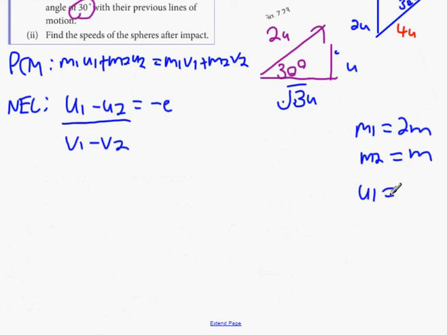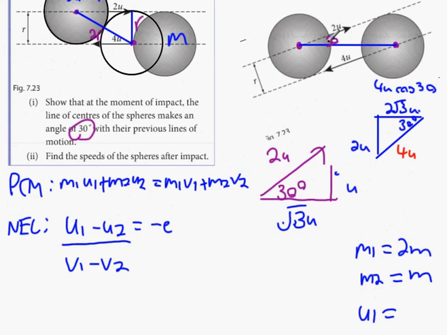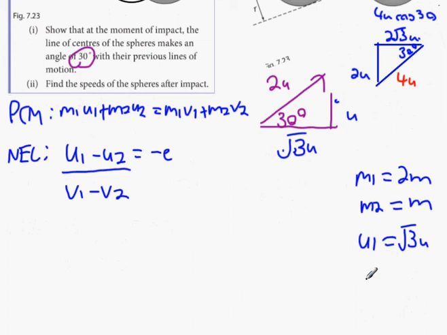u1, anybody? We're only taking the speed along the line of centres, so it's root 3u. And u2 is 2 root 3u, and it's going in the opposite direction, so technically minus 2 root 3u, because it's going left.